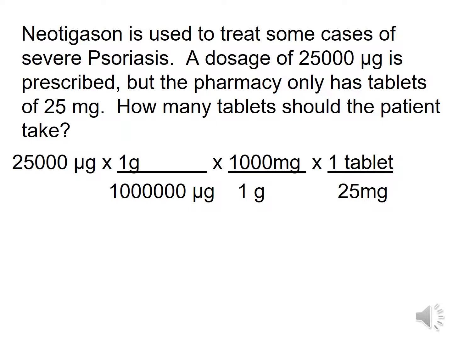And then maybe you convert to tablets by saying 1 tablet equals 25 milligrams. If we do a lot of canceling, we find out that we end up with 1 tablet. 1 tablet, 25 milligrams, is in fact the same as 25,000 micrograms, but by the proper conversion factor technique, you can show that that's true.